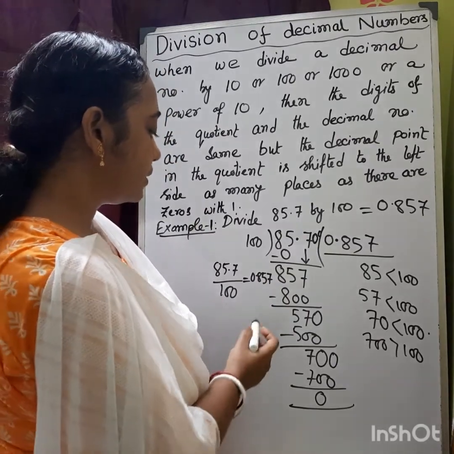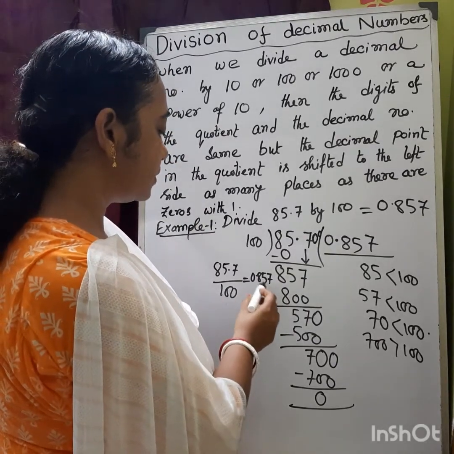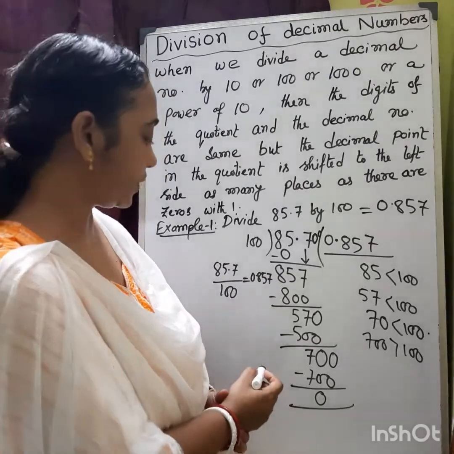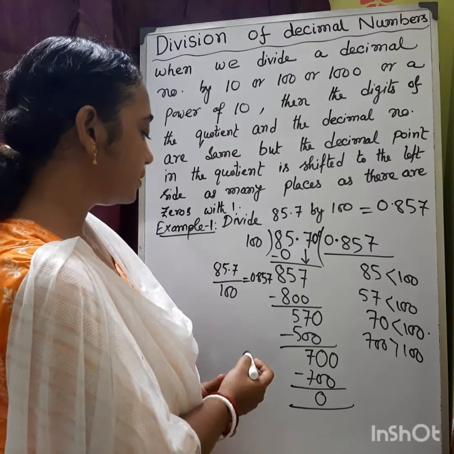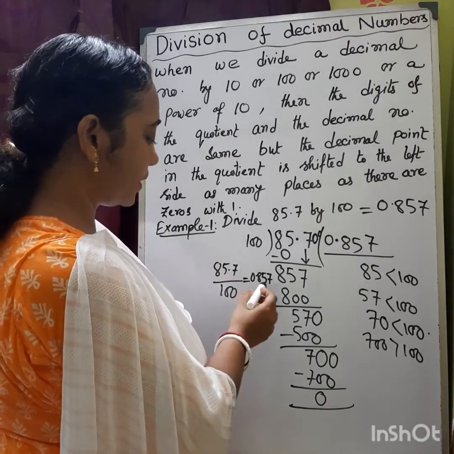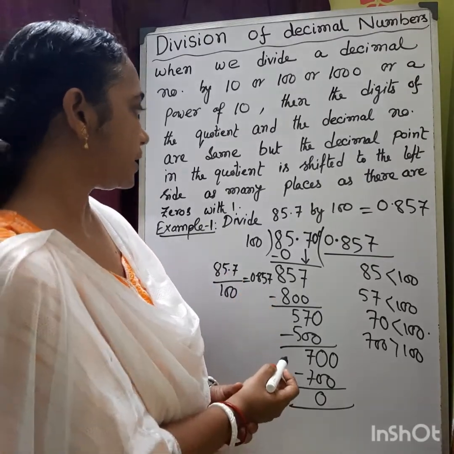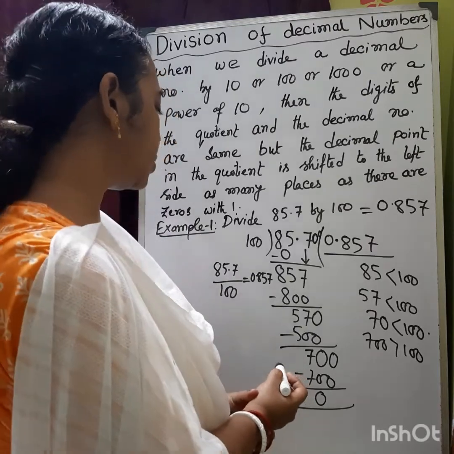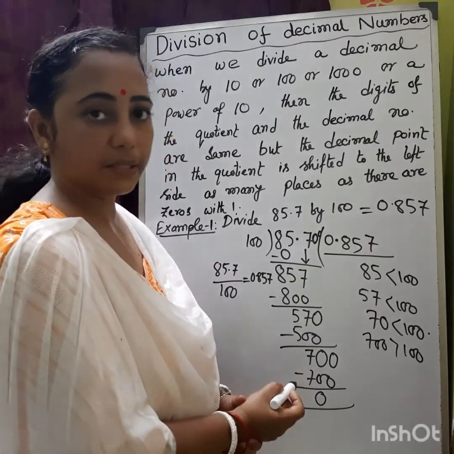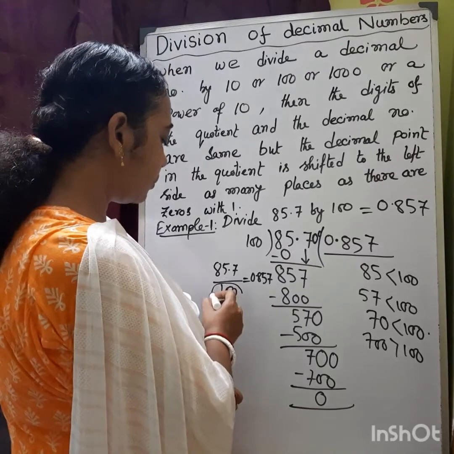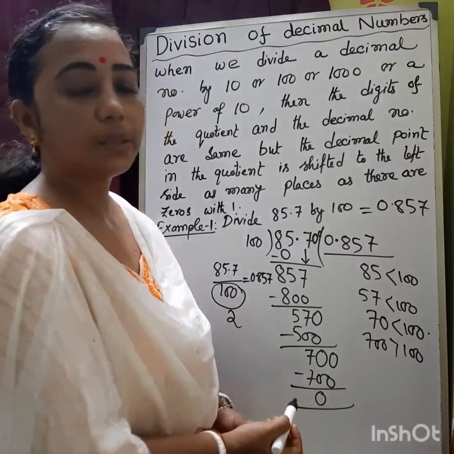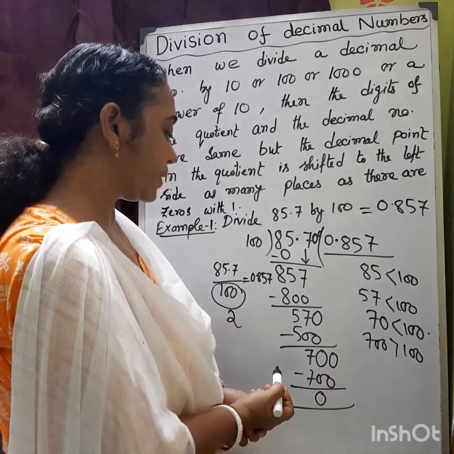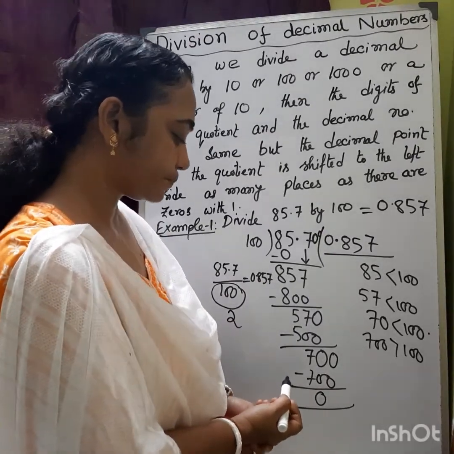But in the quotient the decimal point is shifted how many places to the left side? 2 places. The number of zeros in the divisor is 2, so the decimal point is shifted 2 places to the left side.